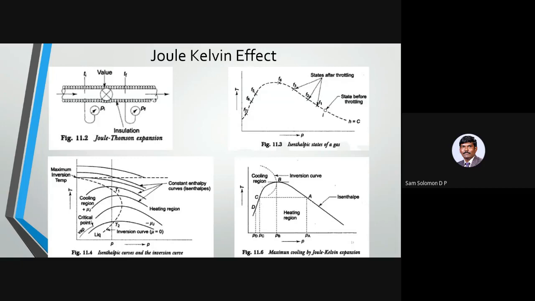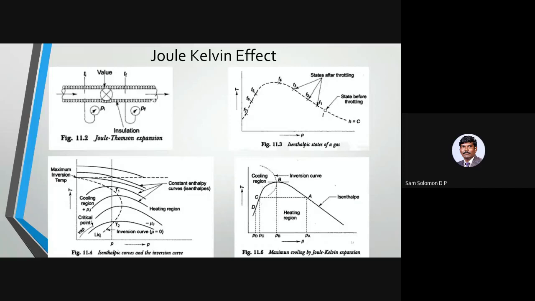What will be the curve when enthalpy remains constant in a TP diagram? That is depicted here. It is not about a process 1, 2. We are not plotting the throttling process here. We are just plotting the points where enthalpy remains constant, and we have joined those points.